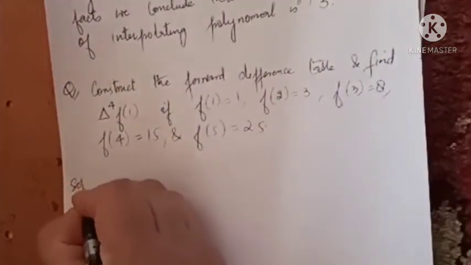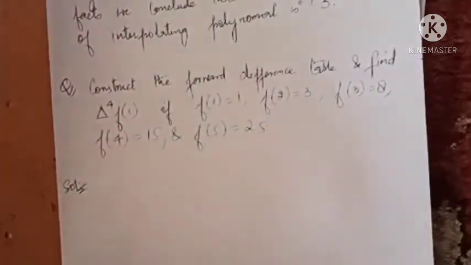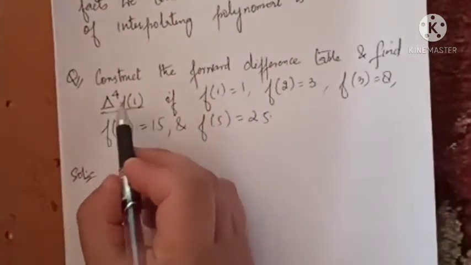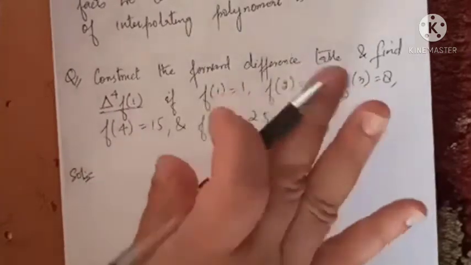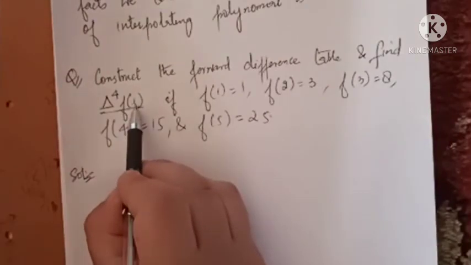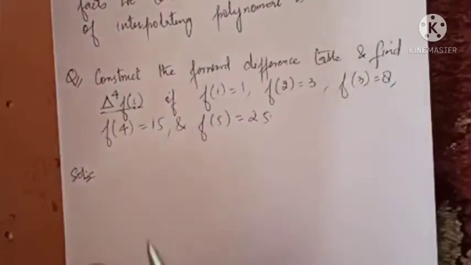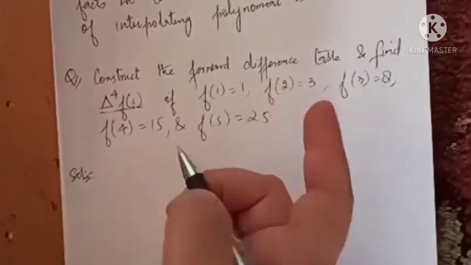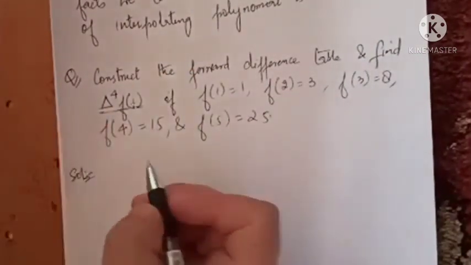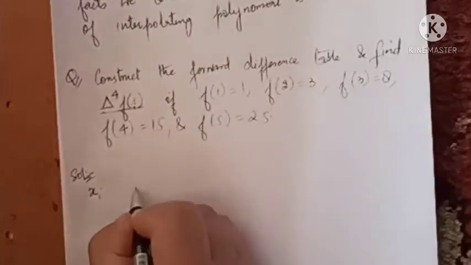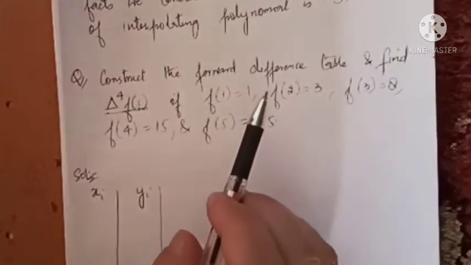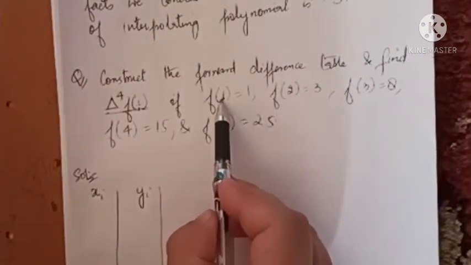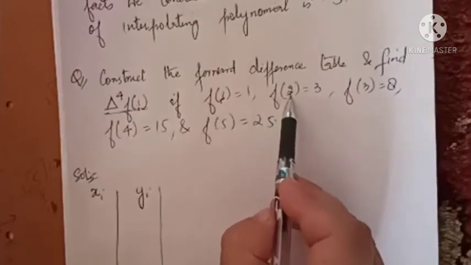Fine. Solution. The first thing is, in this question what we have to find is the fourth order difference of this particular function when the value of x is equal to 1. Okay. So firstly, again we have to construct the forward difference table. So xi, yi. हमेशा याद रखना ये जो f1 है 2 है, this is f when x is equal to 2.